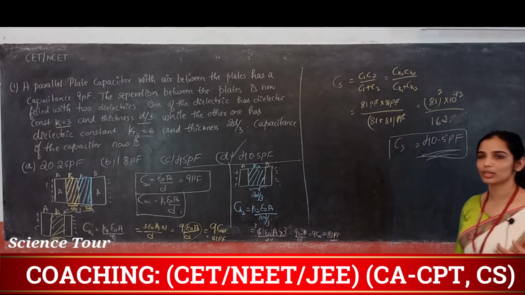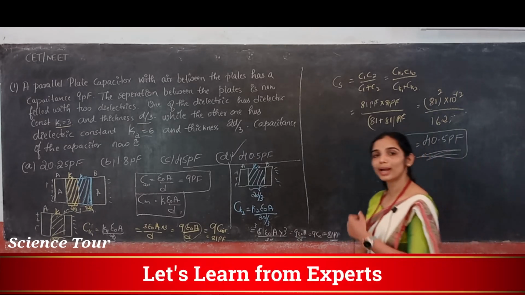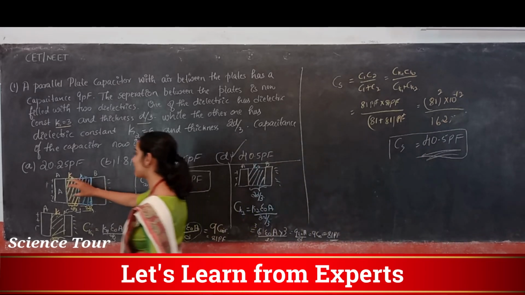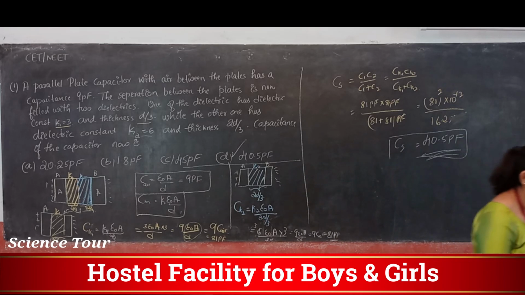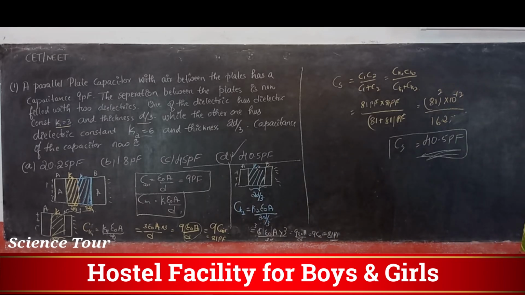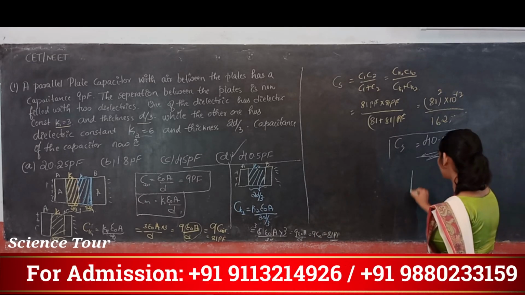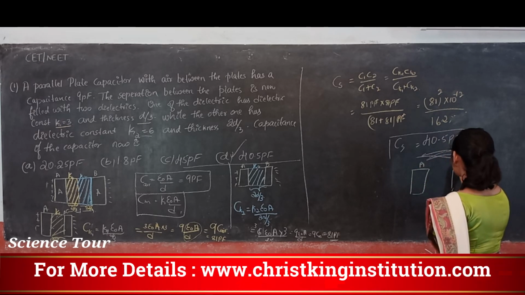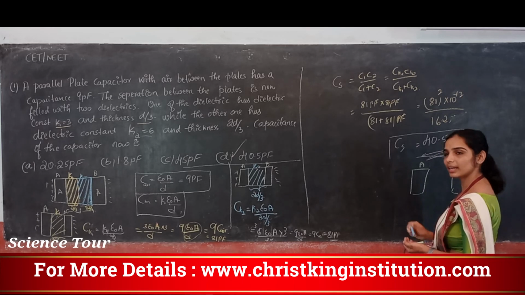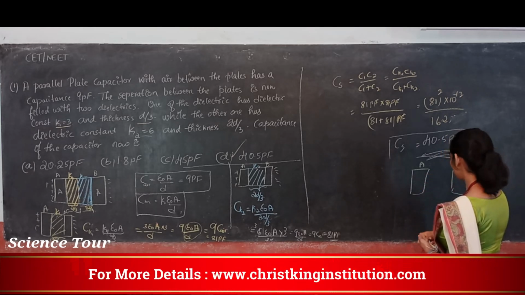Very simple question, two dielectrics. You may ask me, ma'am, can I place it in parallel combination? You can. What happens when you place it in parallel combination? I will tell you. For the metal plates A and B, you can place K1 and K2 in parallel combination.